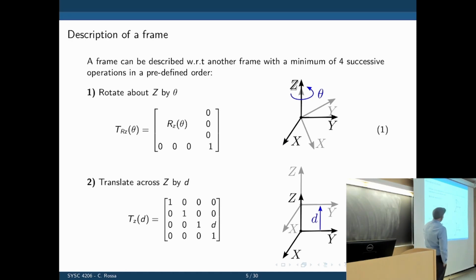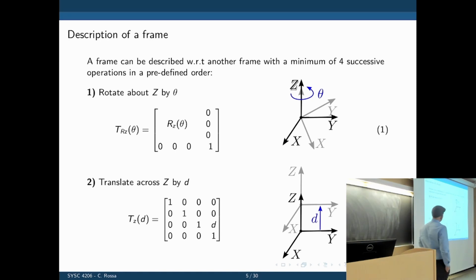So we need a minimum of 4 successive operations in a predefined order. Now this predefined order can be the way we want. There is a convention though, so everybody speaks the same language, and that convention is what we're going to use here. But if you want to use a different convention, a different sequence of operations, that's fine too, so long as you're consistent across all joints.